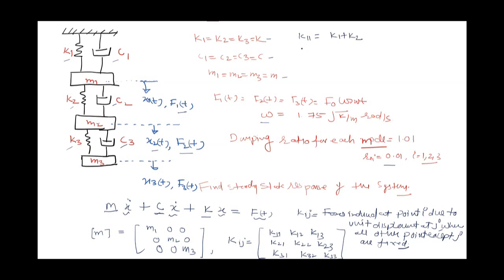Similarly, K21 is equal to the force induced at point 2 when unit displacement is given at 1. So if we displace mass m1 with unit displacement and m2 and m3 are fixed, then m2 will experience a force K2 multiplied by 1 in this direction.